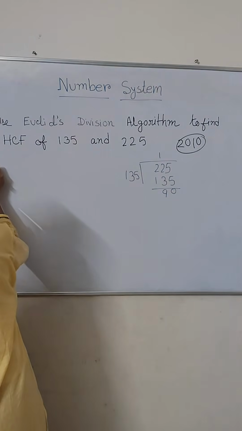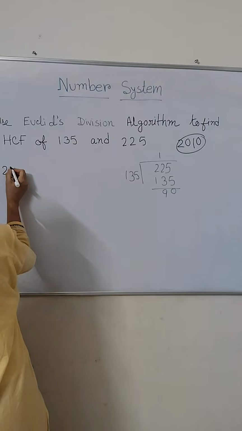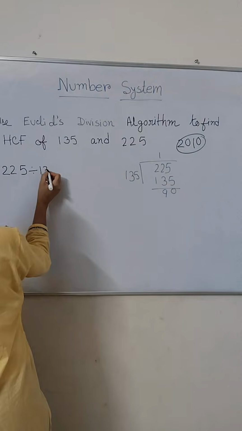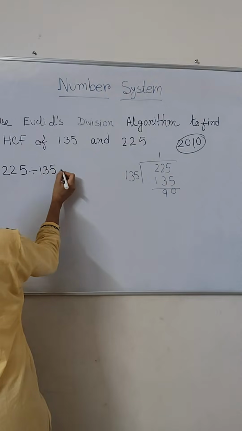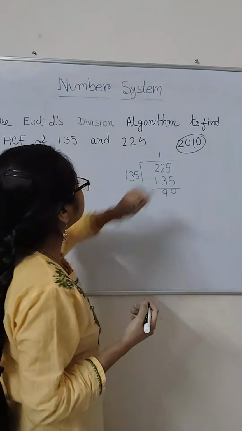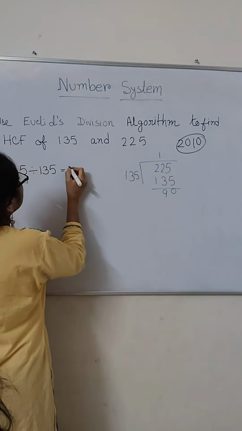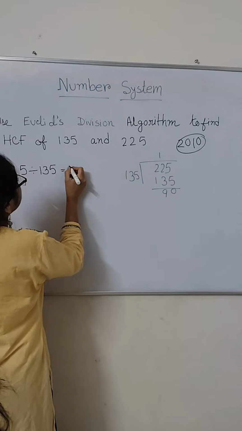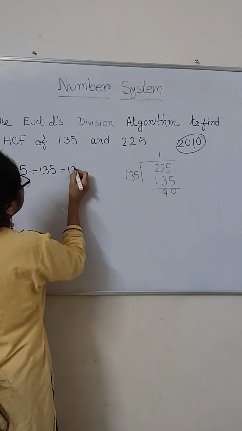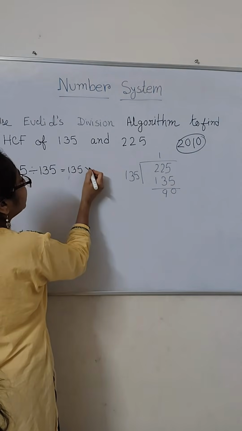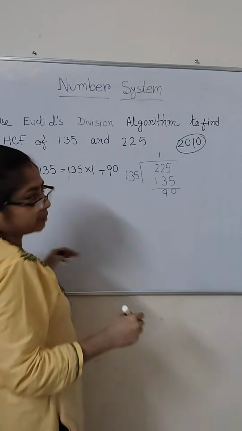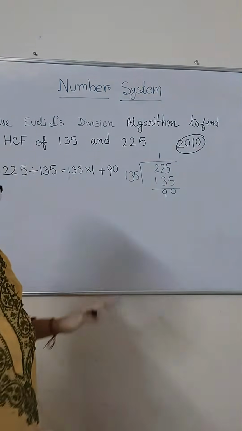Step number 1: 225 divided by 135. Divide here. What's the result? 1 is our result. So you write 135 into 1 plus 90, because 90 is the remainder. I write in this way.